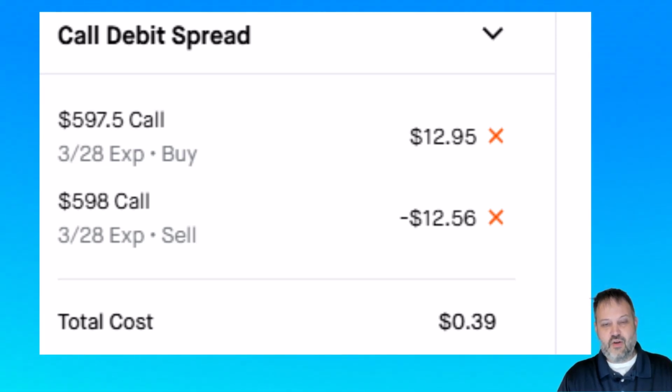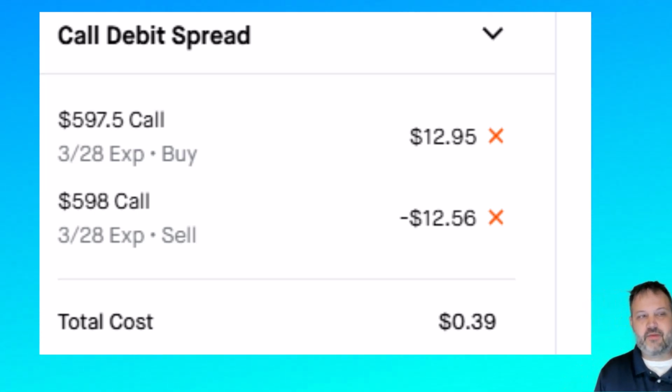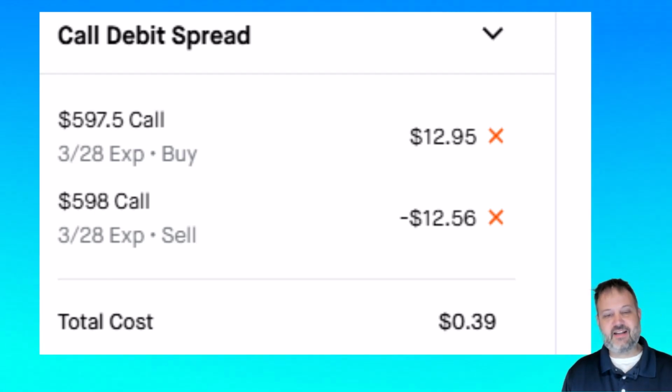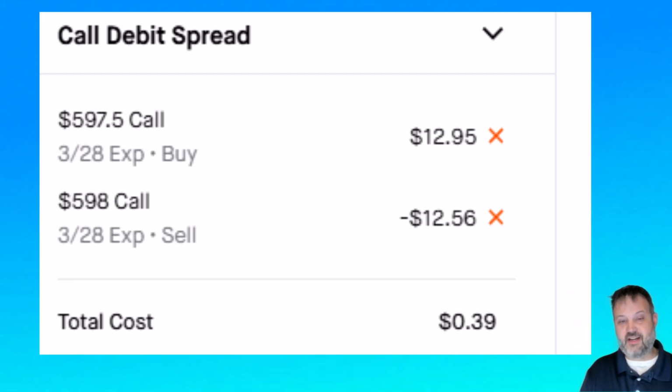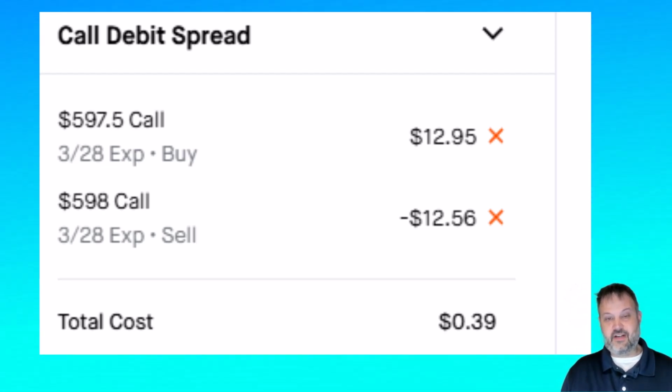Now, in this case, it's nicer because you pay up front, but the benefit is that it's a lower capital requirement. Normally, you have to put up the collateral for the spread. In this case, you just pay for the cost of the debit. So it costs $50, but in the bull call spread, you're only paying $39.